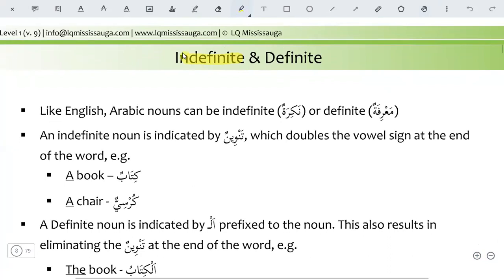Nakiratun is indefinite, ma'rifatun is definite. Like English, Arabic nouns can be indefinite, nakiratun, or definite, ma'rifatun.